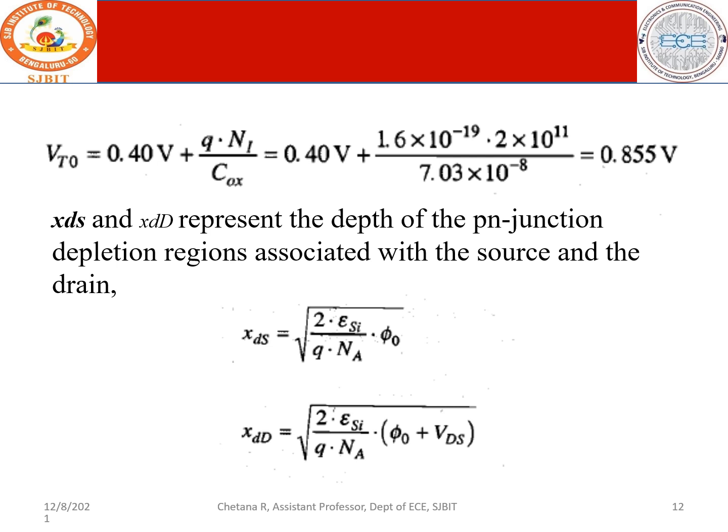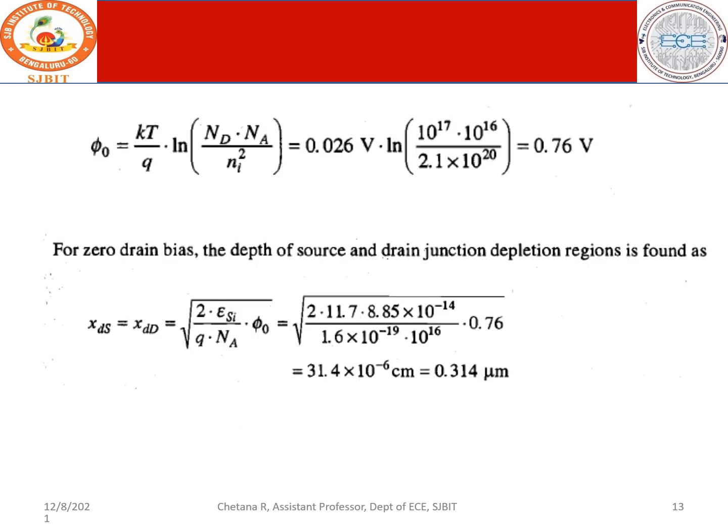And XDS and XDD represent the depth of the PN junction at the source terminal and at the drain terminal, and respectively the expressions are given with these two representations. As I have told you, please remember these two expressions. So as per the formula, phi naught has to be calculated, which is given as kT by q into ln of Nd into Na by ni square.